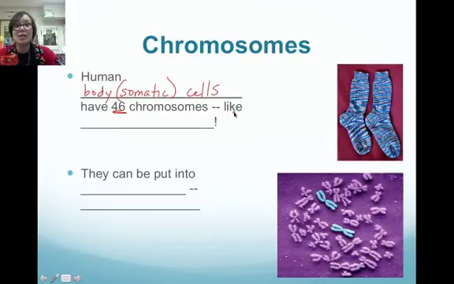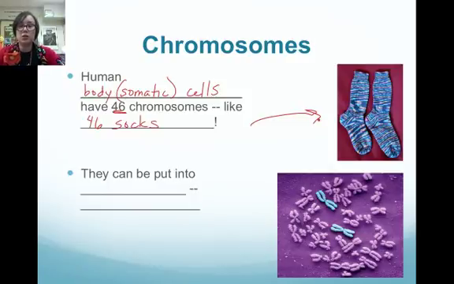So we can say that's like 46 socks in keeping with our analogy, right? These socks over here. Now, these 46 chromosomes can be put into pairs, and in fact, they are put into pairs. So instead of just saying that we have 46 chromosomes, we could also say that we have 23 pairs. Or instead of saying that we have 46 socks, we can say that we have 23 pairs of socks.